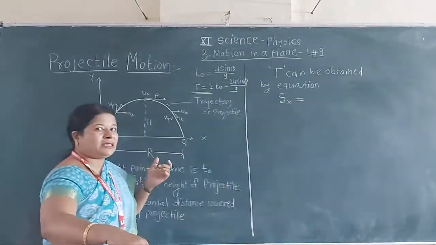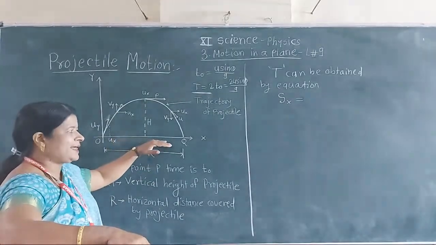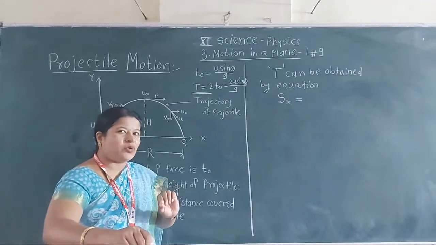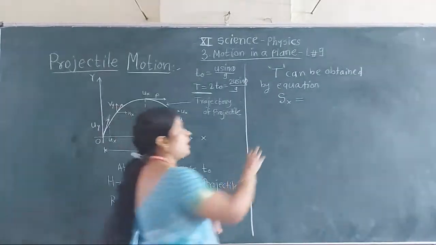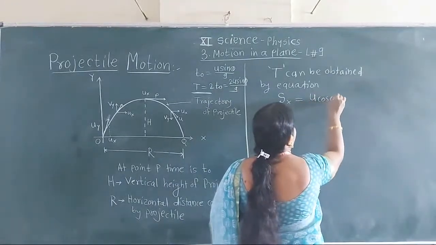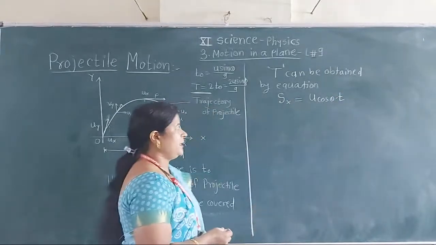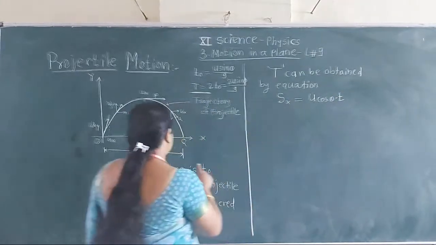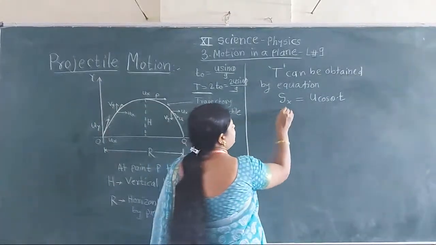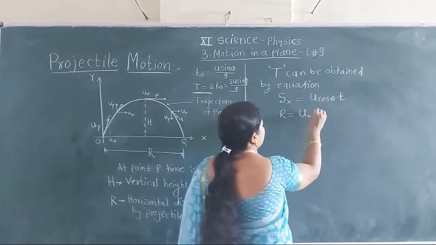in the previous lecture we saw that for displacement of a projectile along the x-axis, we can take its velocity as u cos theta. So x is equal to u cos theta into t. Now as x, that means we have to find this R, the equation becomes R is equal to ux into t.